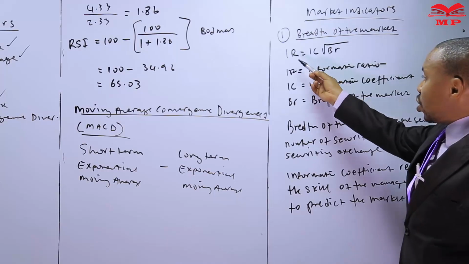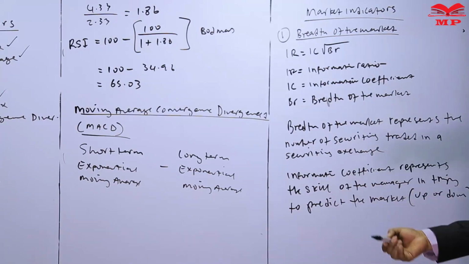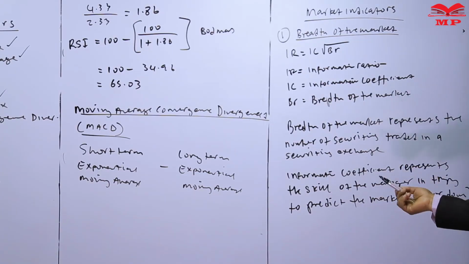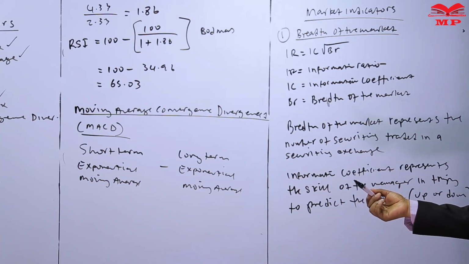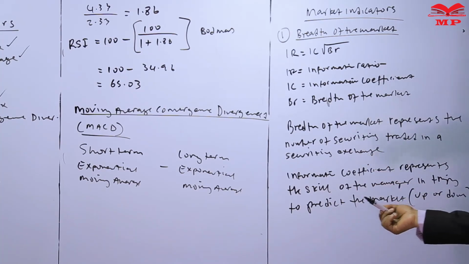The information ratio is the ratio that relates to the information about the market, or you get an inference about the market there.